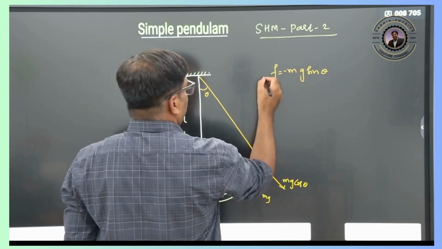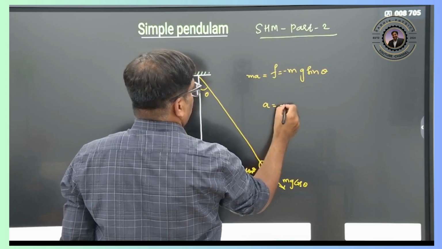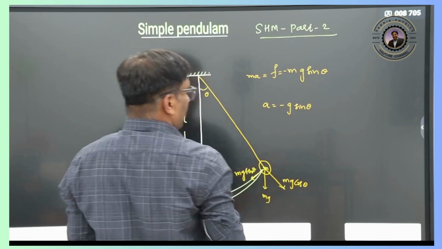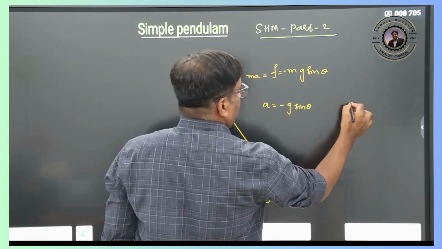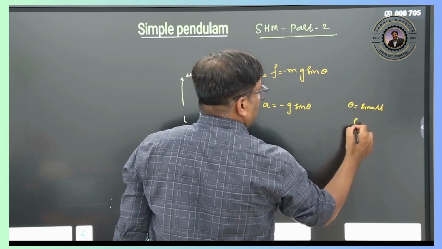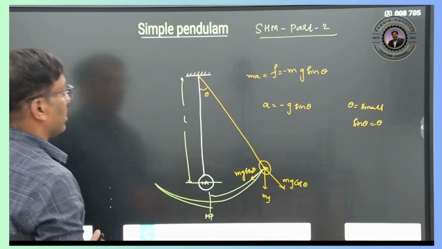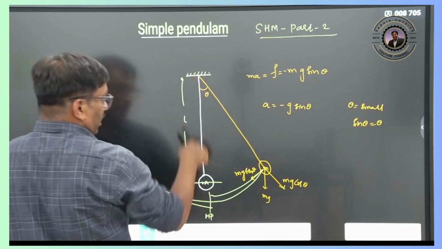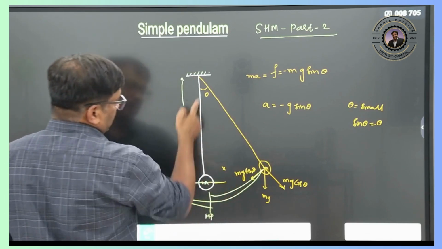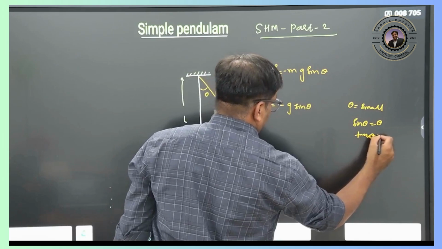Force is equal to mass into acceleration, so the acceleration is equal to minus g sin theta. If the angular amplitude theta is small, then sin theta is nothing but theta, which is also nothing but tan theta.